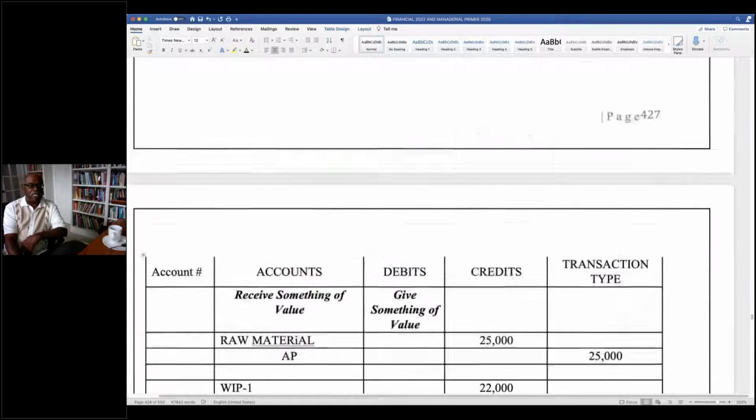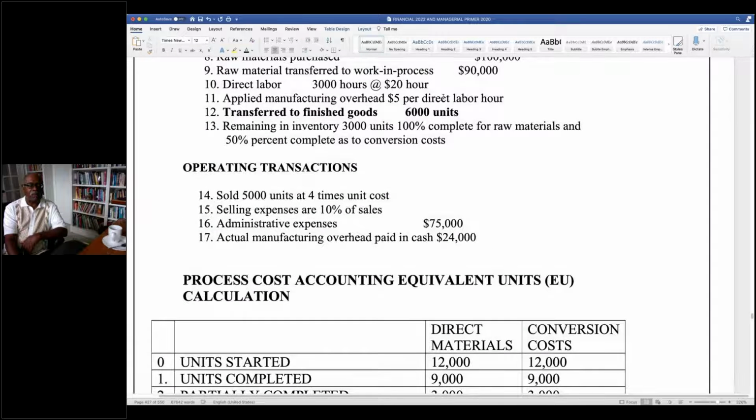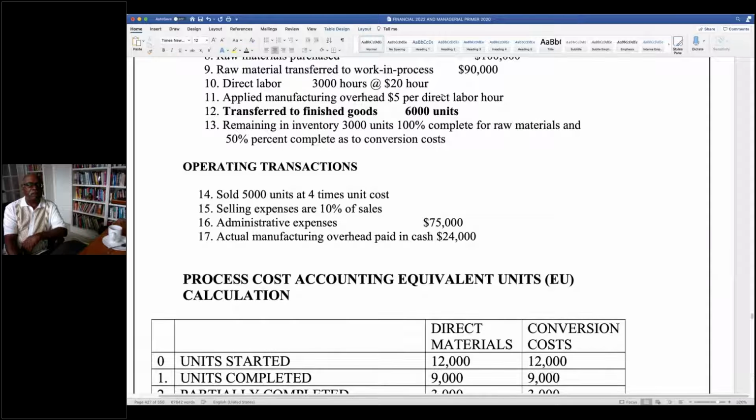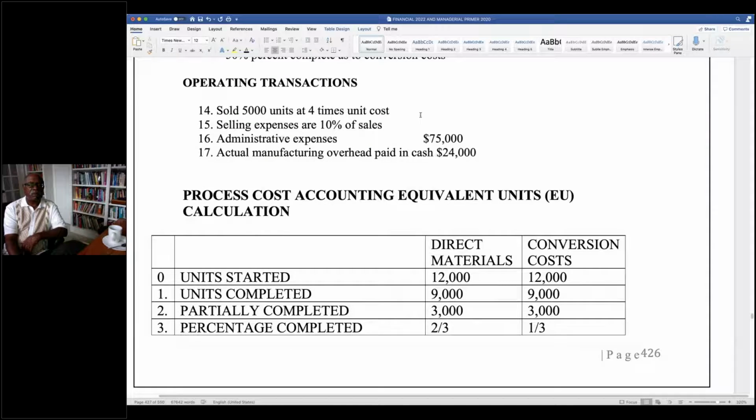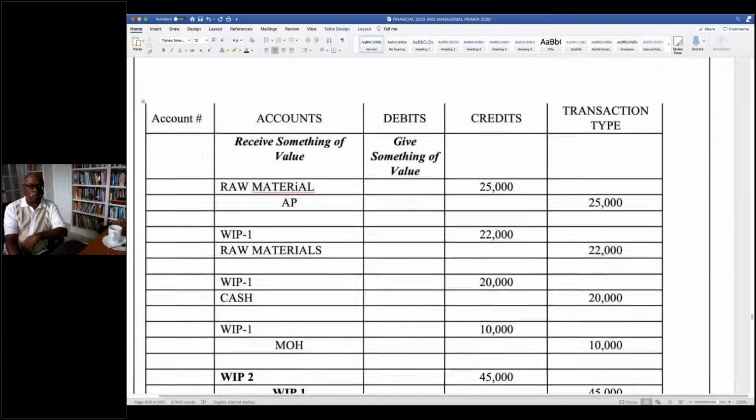And they tell us selling expenses are what? 50,000. Selling expenses are going to be 10% of sales. Our sales were 500,000, and 10% of that is 50,000.